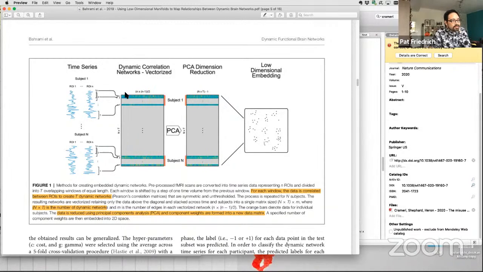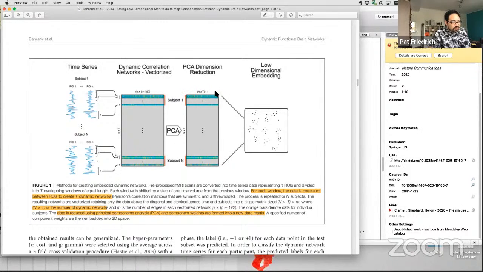We can then use PCA, principal component analysis, to gain access to functional networks, which are depicted here. Now, using manifold learning techniques, we can reduce this dimensionality. The dimensionality is basically the number of columns you have here.